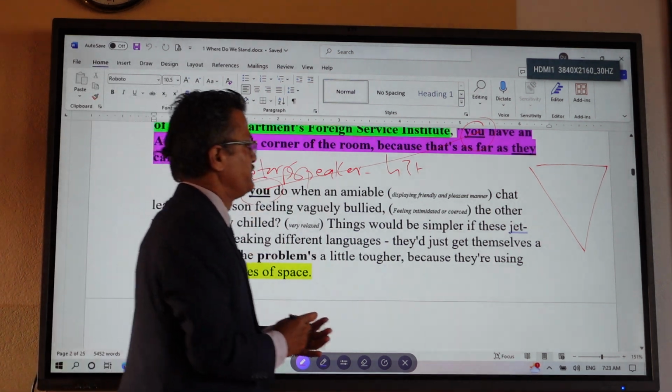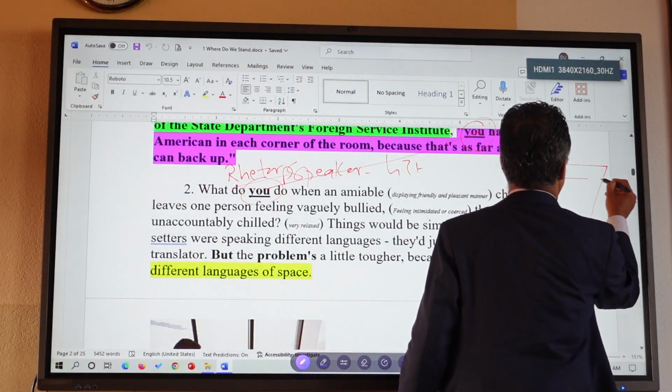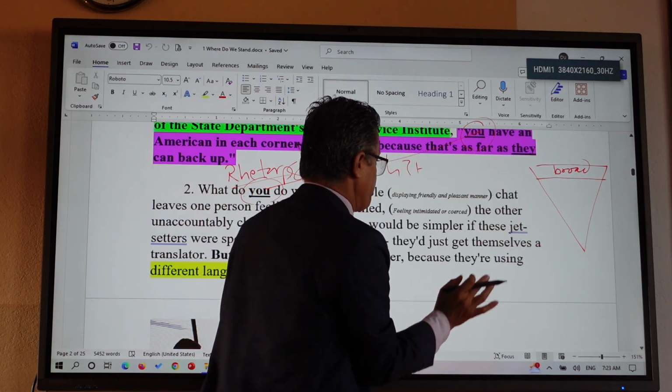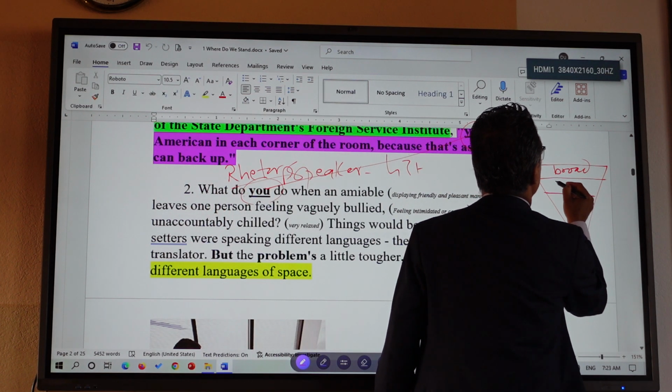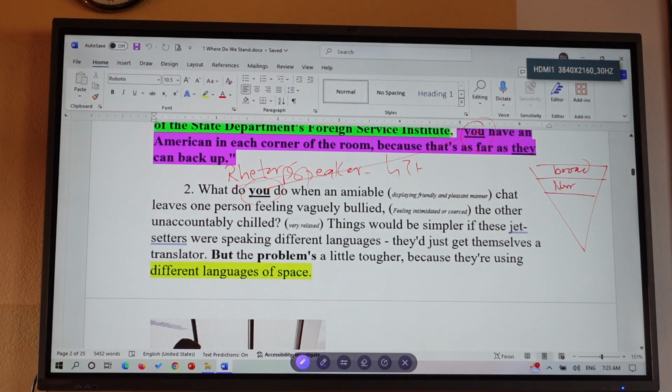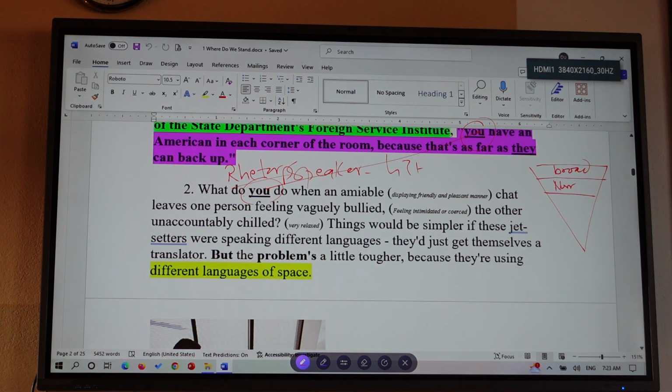Now, I said the first paragraph is very broad, and I showed you drama. The second paragraph, as you can see, is narrower. What does narrow mean? In writing, narrowing down your topic means first you say in general, then you become more specific.